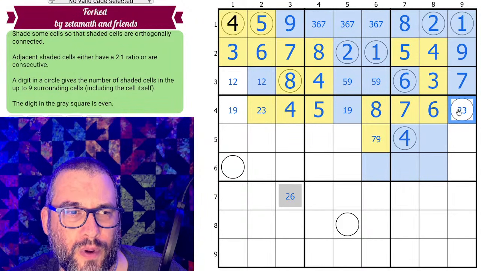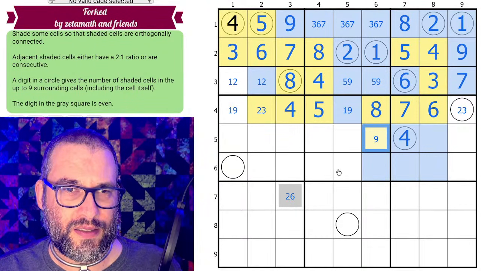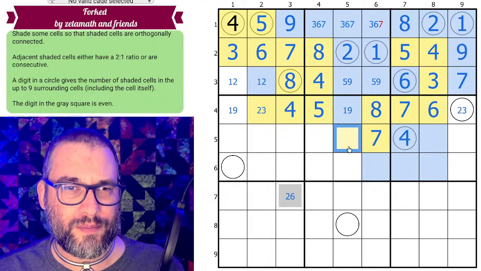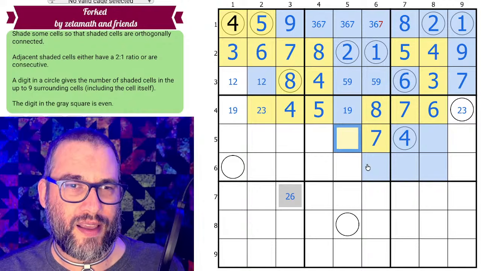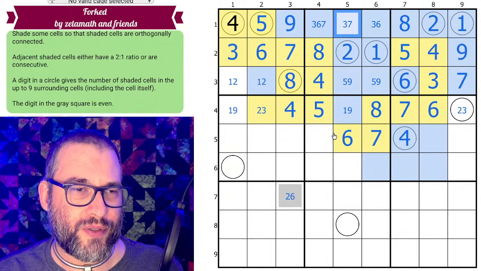Doesn't resolve what this is. Oh, 9 would isolate. Good point. Because we do still have to keep growing. And this now is a 6. No 7 there, no 6 there.